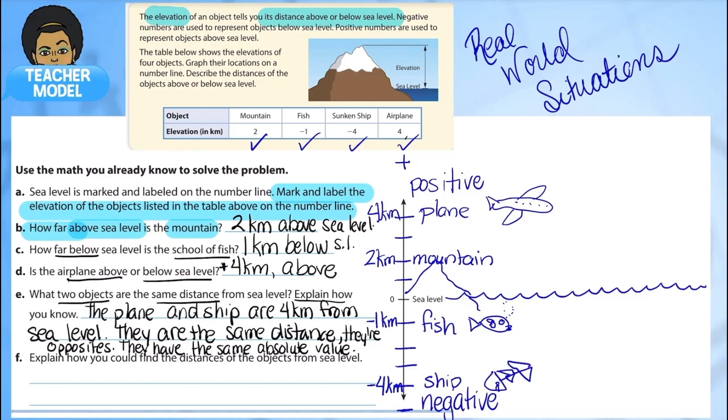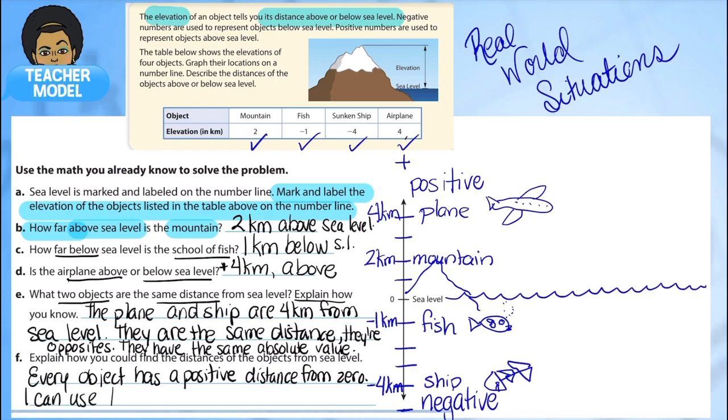And let's go to the last one. Can I explain how you can find the distance of the objects from sea level? Well, any object is going to have a positive distance from 0. Every object has a positive distance from 0.